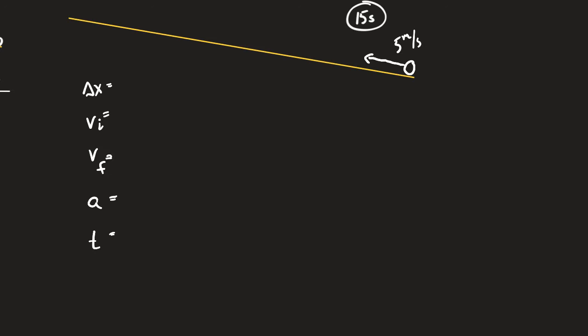And by the way, there's more than one way to do this problem. All right, I'll just pick somebody. Cassie, can you give me a piece of information that's useful here? Well, it has an initial velocity of 5 meters per second.